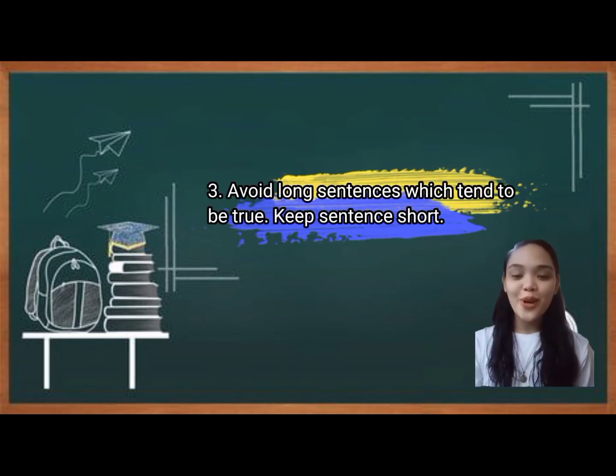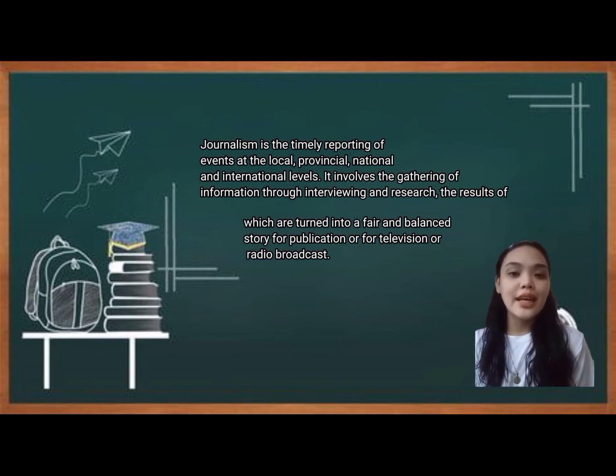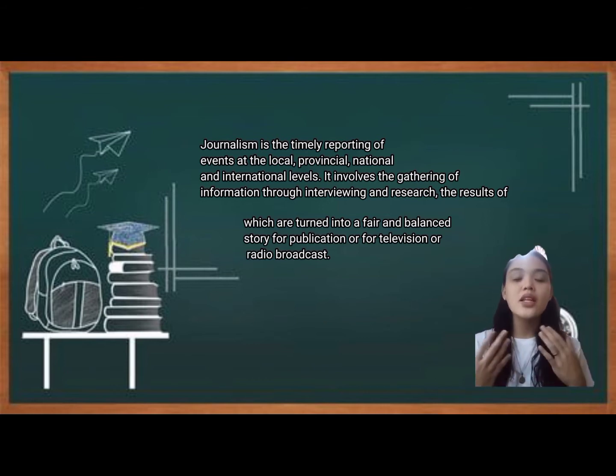The third rule is to avoid long sentences, which tend to be true. Keep sentences short. For our non-example: journalism is a timely report of events at the local, provincial, national, and international levels. It involves the gathering of information through interviewing and research, the result of which is turned into a fair and balanced story for publication, or for television or radio broadcast.